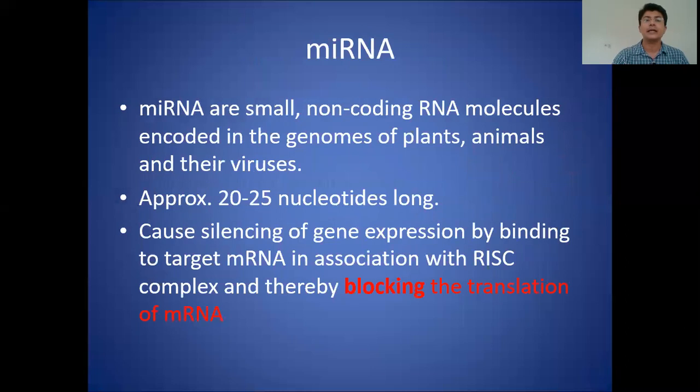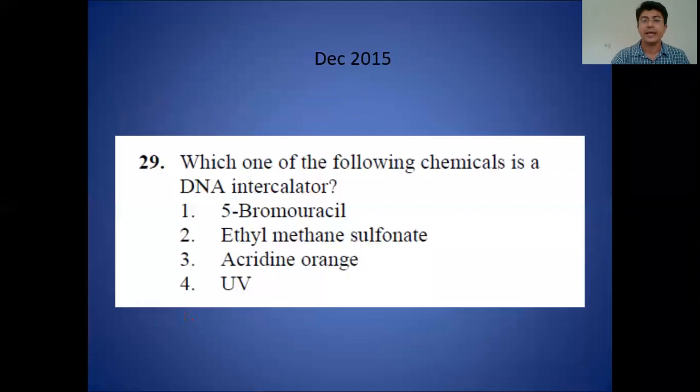Whereas microRNA are small non-coding RNA molecules encoded in the genomes of plants, animals, and their viruses. Approximately they are 20 to 25 nucleotides long, and they cause gene silencing by binding to the target mRNA in association with RISC complex and thereby blocking the translation of messenger RNA. So this is the basic difference between siRNA and miRNA.